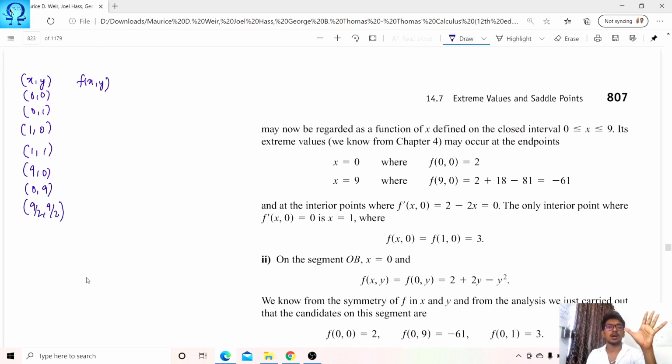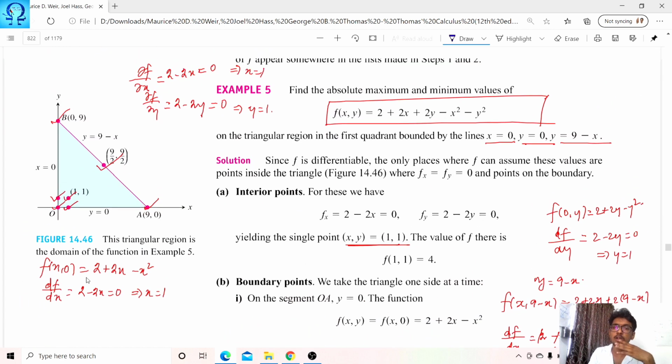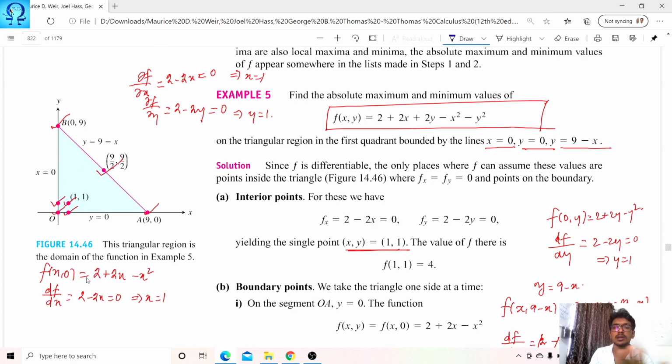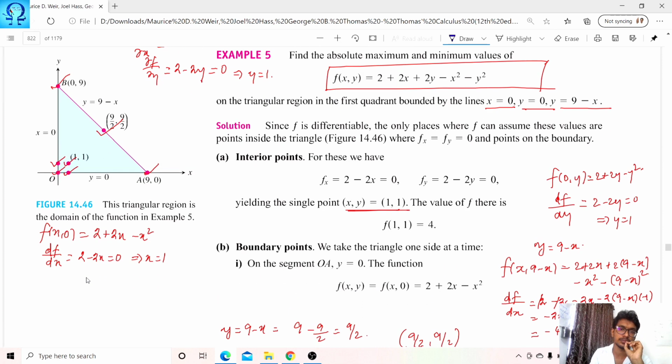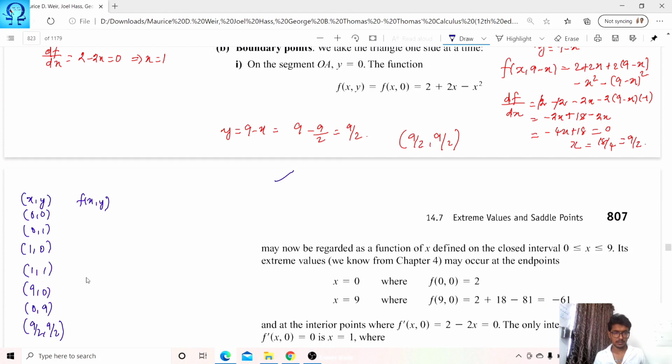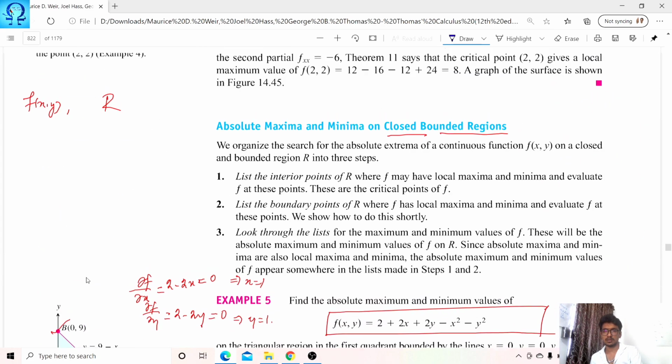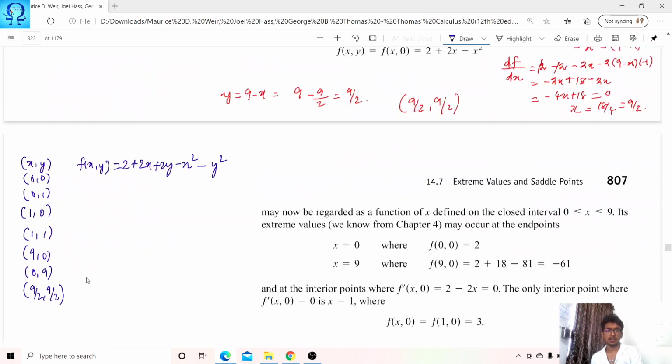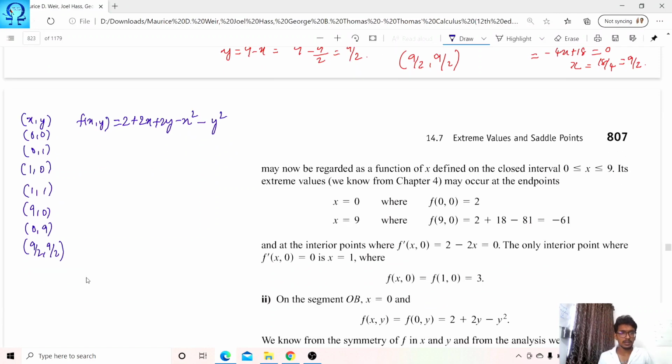Now at all these points you will have to evaluate your function value. That is 2 plus 2x plus 2y minus x squared minus y squared. Yeah. So this is our function. We'll have to evaluate at these points.